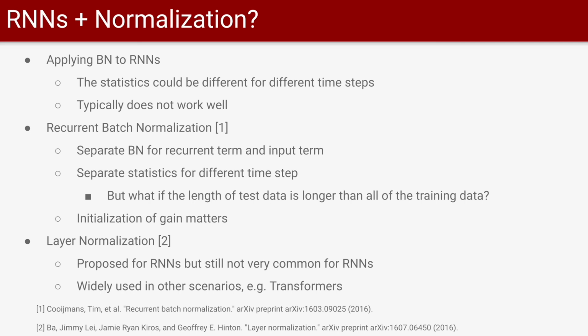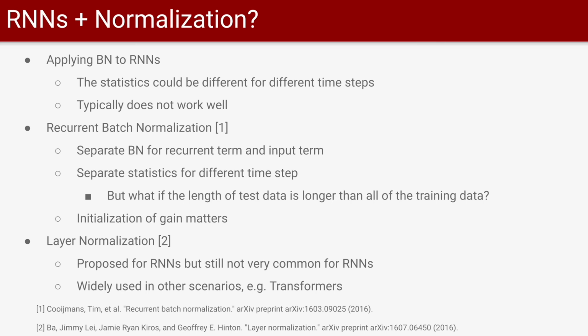But you can imagine it still causes trouble, right? What if the length of the test data is longer than all of the training data? In this case, you don't have any statistics for the later time steps. So the practice in that paper is to just take the longest available statistics in the training data, but you can see it's still not satisfactory.